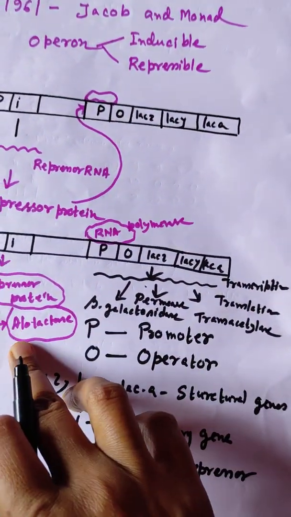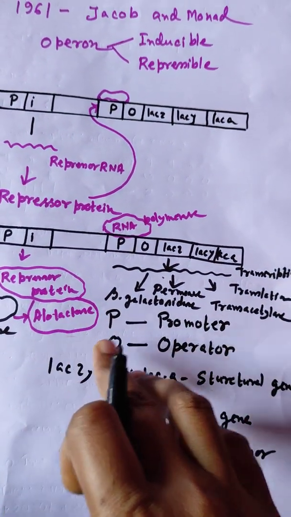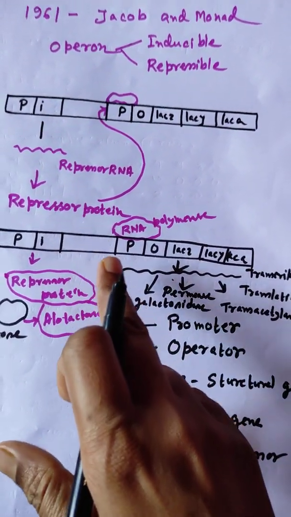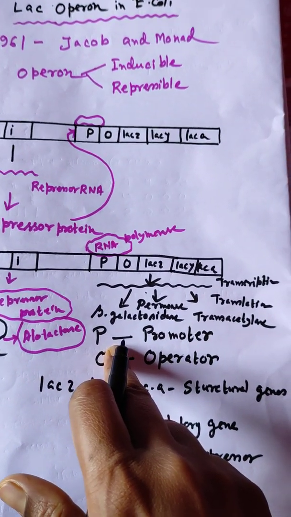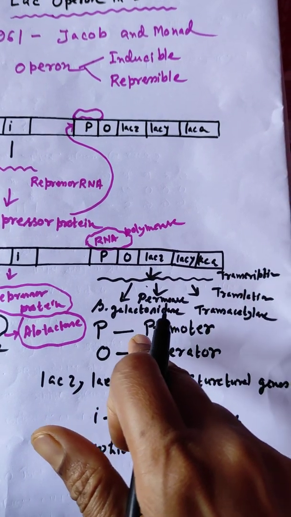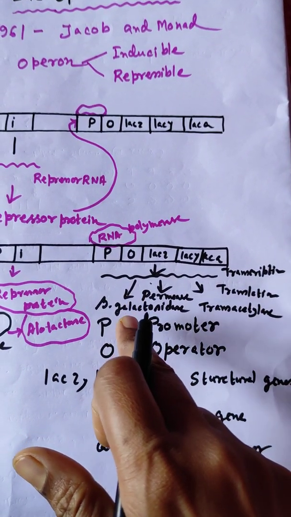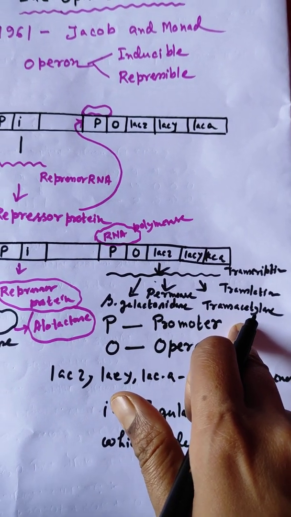When lactose is present in the media, the operon is switched on and the structural genes are transcribed. Ultimately, beta galactosidase, permease and transacetylase enzymes are produced.